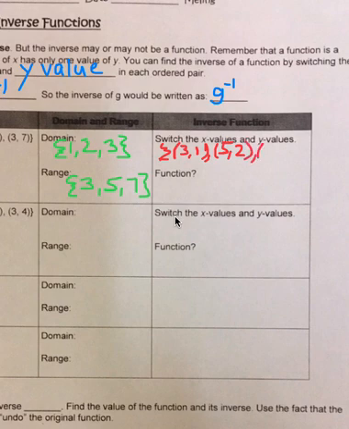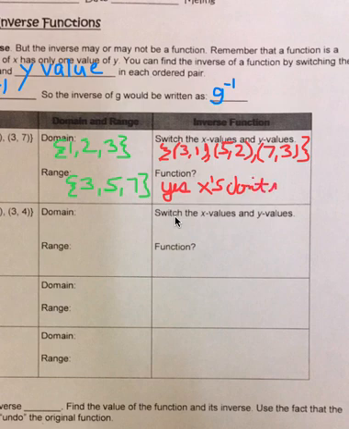And our last ordered pair becomes 7, 3. Is it a function? Yes, because the x's don't repeat. It's a function because the x's don't repeat.